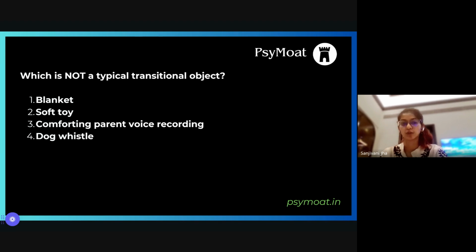Right, the fourth option. We can form attachments with pets, and that could be a different concept of its own, but a dog whistle in and of itself could not be a transitional object, because it does not form the initial attachment.